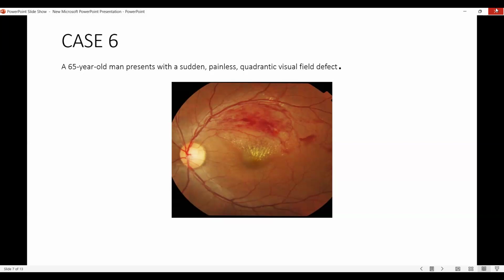What history will you take for this patient? So I would like to ask a detailed history about the smoking history, cardiac history, and hyperlipidemic status of the patient.